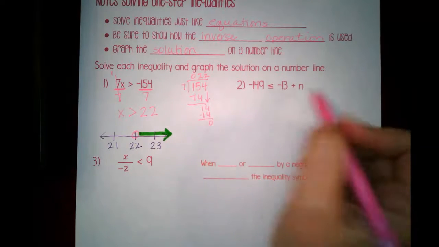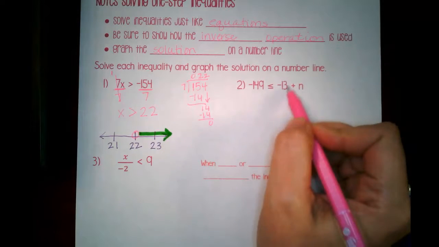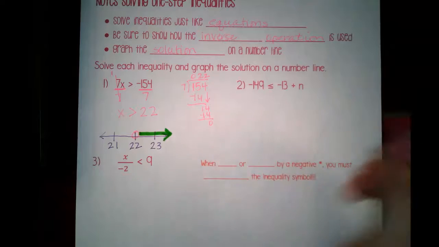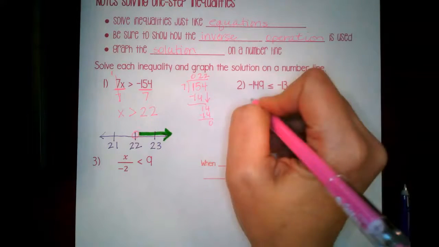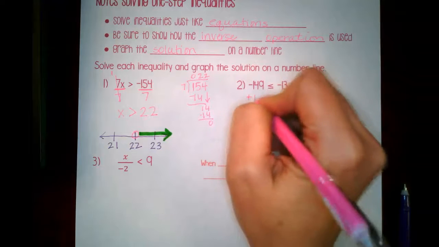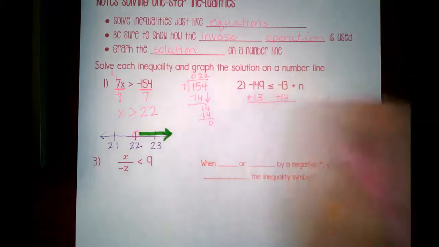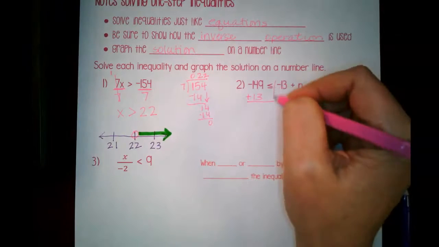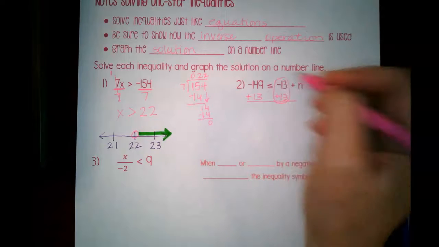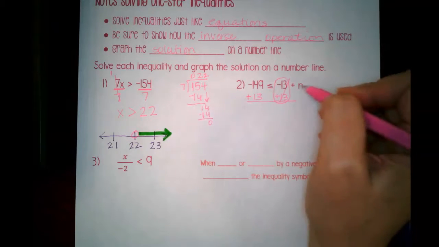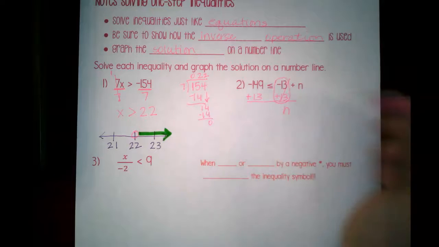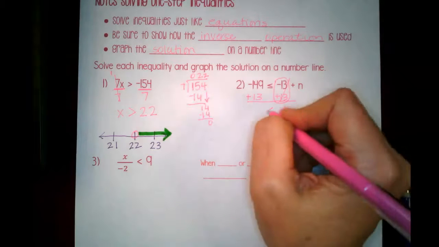The shortcut is to look at this number and just do the inverse of that. So we're going to add 13 on the right. We're going to add 13 on the left. Okay, a negative and a positive of the same number cancel out to 0, and n plus 0 gives us n. You've isolated your variable.